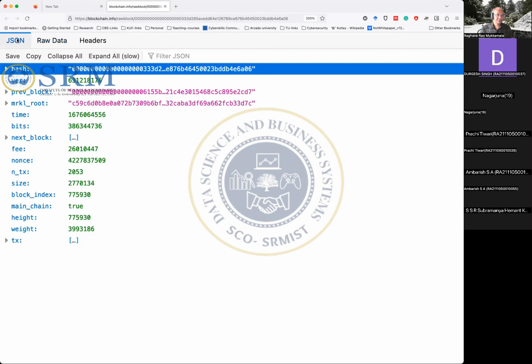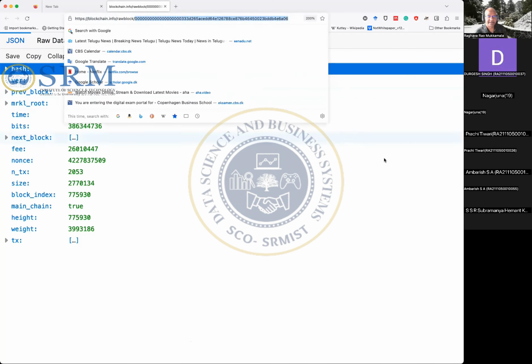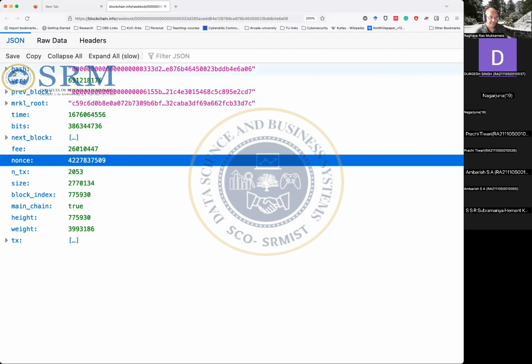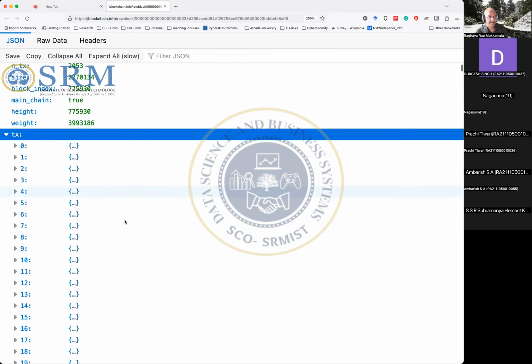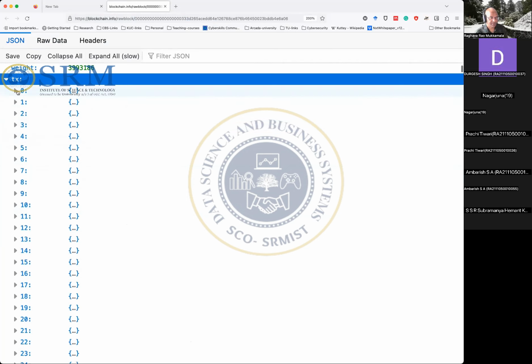Okay, let me put it to JSON form. So this is the whole block, the whole block containing this. This is the block ID and things like that. So you have some extra information on the block, but let me go to the transactions, because this is what we focus on now.